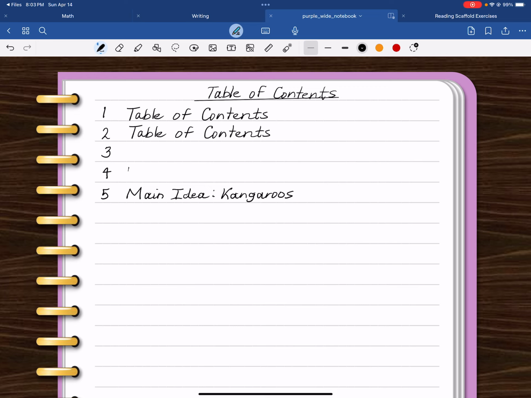And I'll just put kangaroos practice. And that'll be a separate video, but it will already be filled in when we need it to be. And I will forget this, so let me go ahead and just write it in here. I do believe that this is worth doing. The table of contents, in my experience, was very helpful to students.